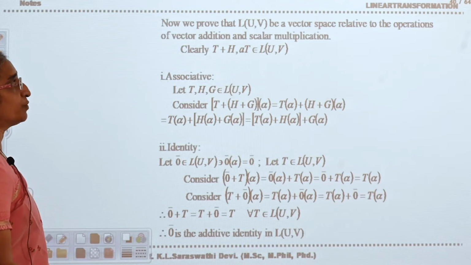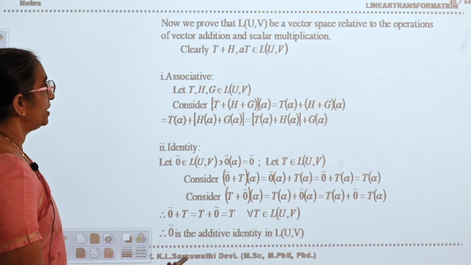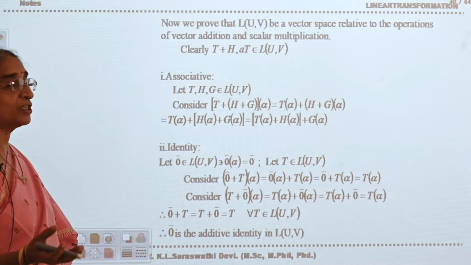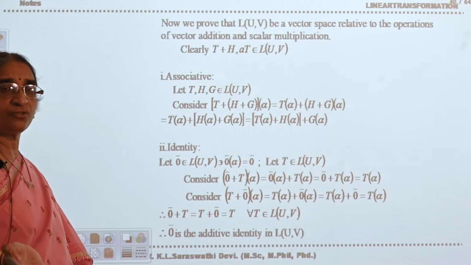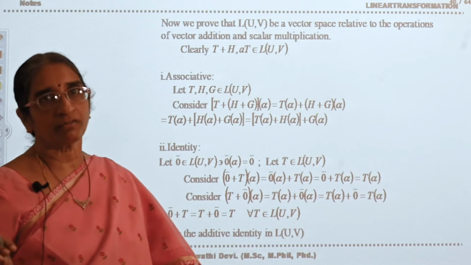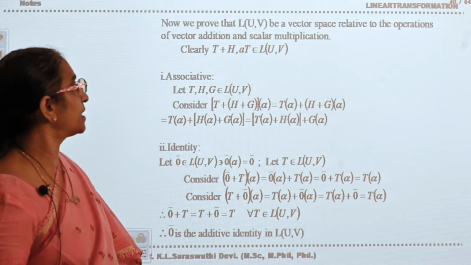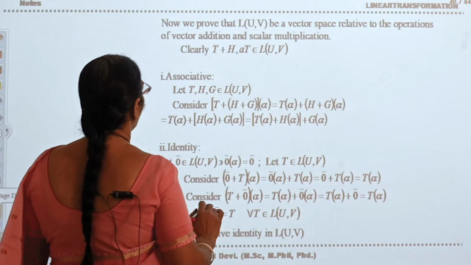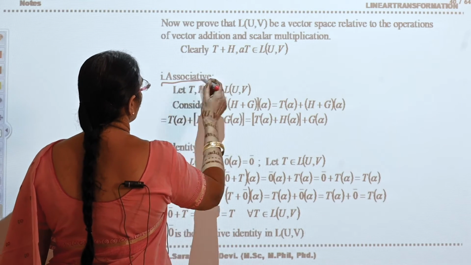Clearly, T plus H belongs to L of UV, A T belongs to L of UV, because we already said that the sum of two linear transformations is a linear transformation, and scalar multiplication of a linear transformation is a linear transformation. Already we proved.